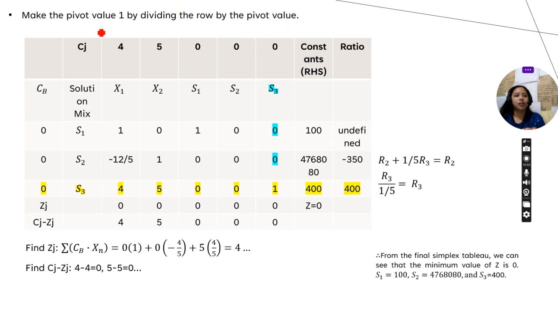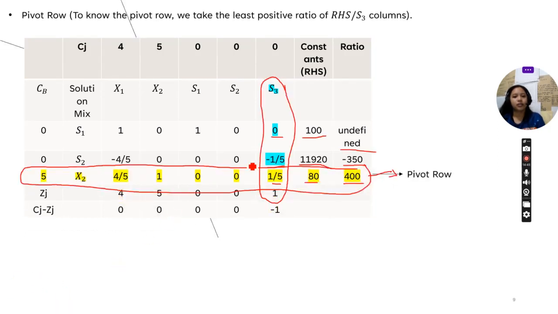Next is to make the pivot value 1 by dividing the row by the pivot value. This is already our pivot value, so let's make this 1.